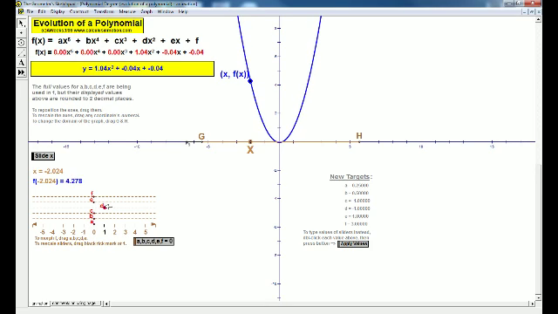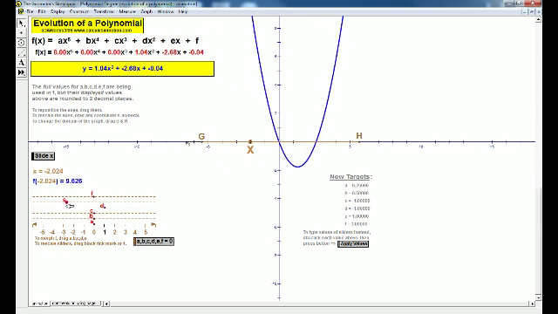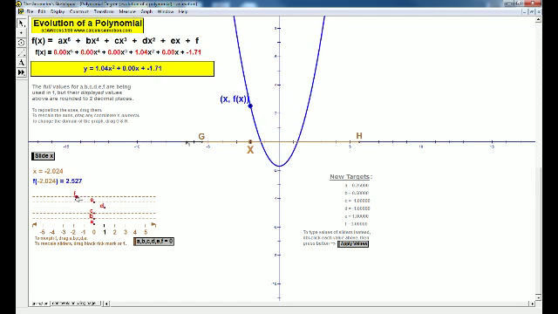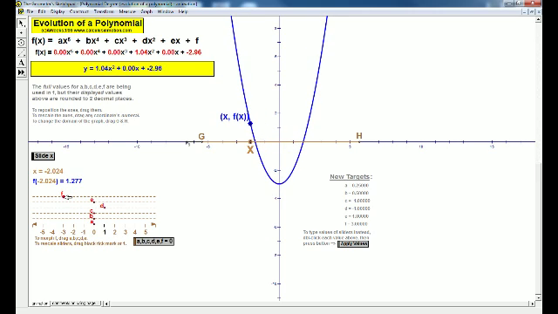Okay, there's x, there's x squared, right? Parent function. Now what can we do with it? We can move it to the left or the right, and we can move it up or down, correct? Okay, what do you notice when I move it down? Minus 2.96.